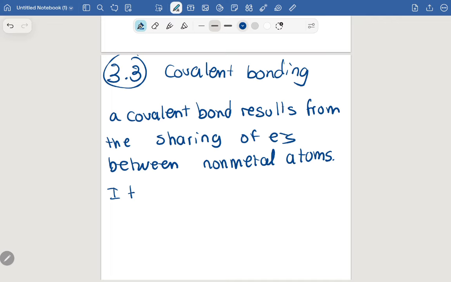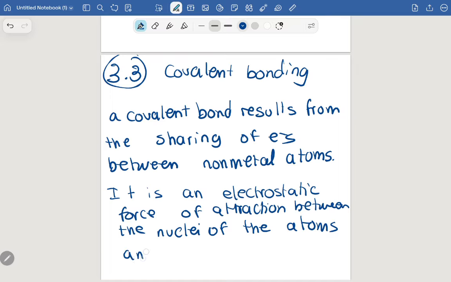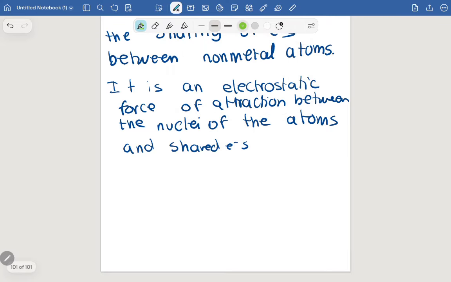So it is an electrostatic force of attraction between the nuclei of the atoms and shared electrons. Perfect.